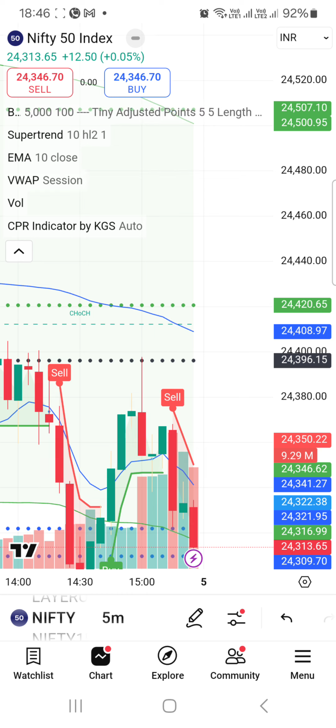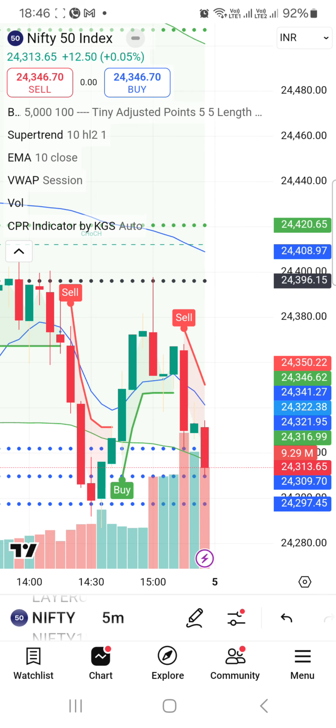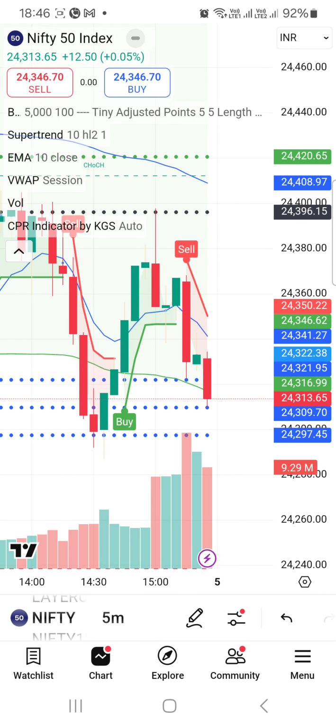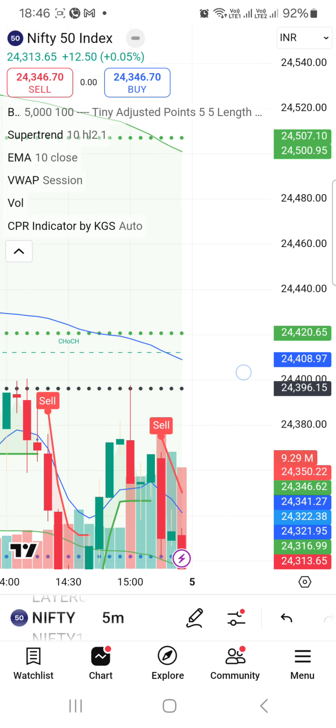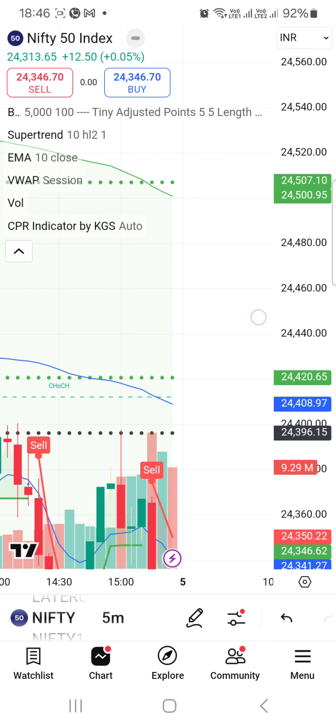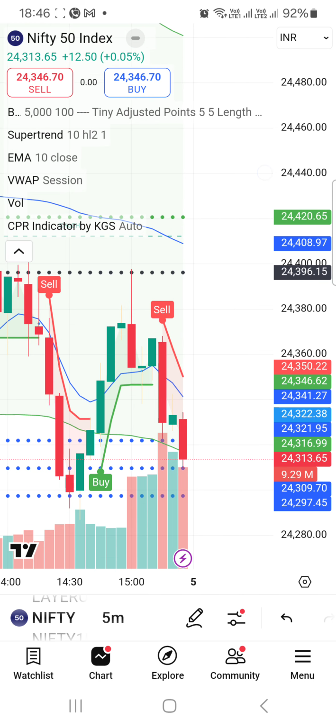The market right now is expected to be at 24408, which is the VWAP signal, and it has a lower band at 24313 and an upper band at 24507. The market will move only between these two bands. It will try to reach 24408 when it is at the lower band.